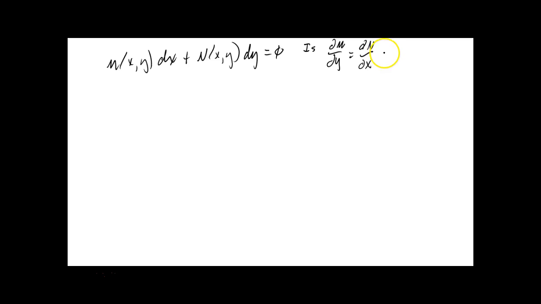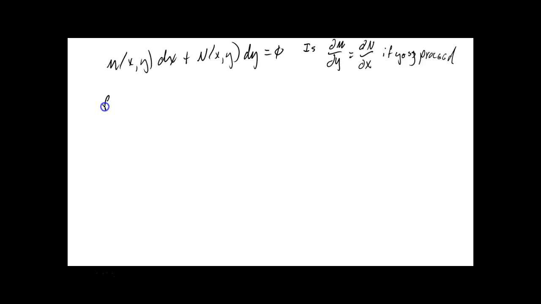If yes, then proceed. If no, for right now, hang it up. It's not going to work. But if those two partials are equal to each other, then here's how you solve.